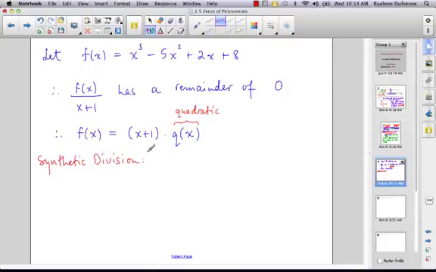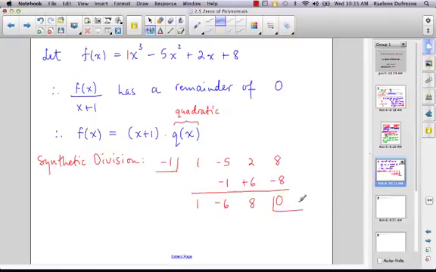So if we use synthetic division to divide, I put my -1, which is my actual root, and then I put all of the coefficients 1, -5, 2, and 8 along here. And then I bring down my 1, multiply -1 times 1 is -1, add straight down because I've already introduced a sign change from my factor. -5 minus 1 is -6, multiply, +6, add straight down, 8, multiply, -8, add straight down, and the last term, no matter what its value, is the remainder.